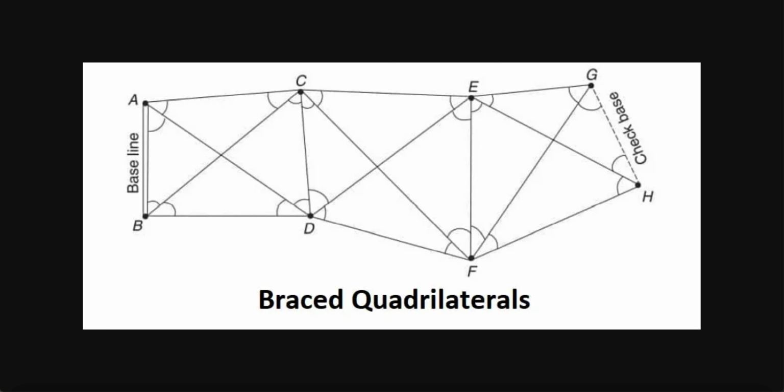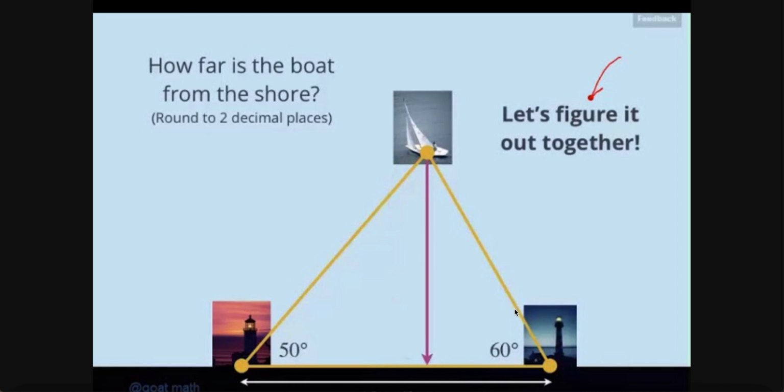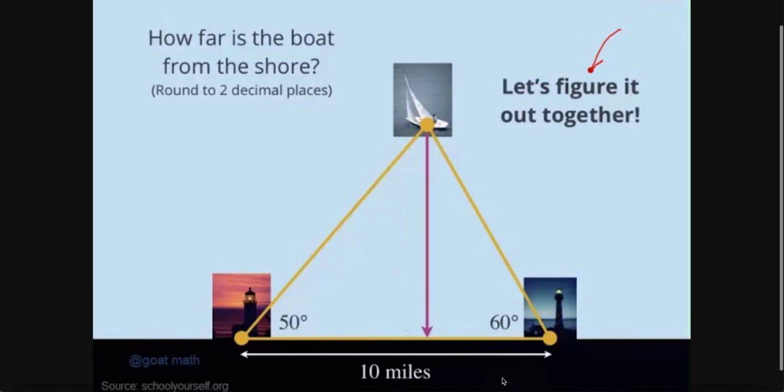So when we move on, we can see again how it would be used for both. You can do it horizontally with a sextant. You can measure, if you know the distance between two points, you can determine where on land, or where you are in relation to those points, the distance to your boat. I'll show you again. Here you have two lighthouses and you have a boat, and one is a 50 degree angle here and a 60 degree angle here, and the distance is whatever, 10 miles.